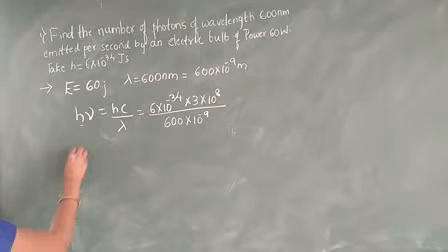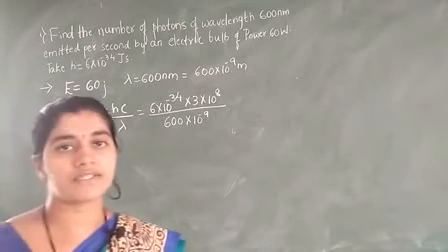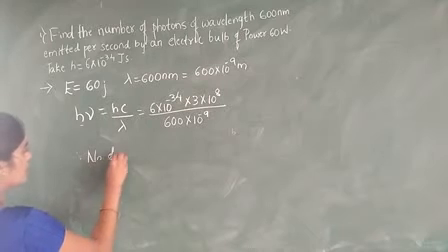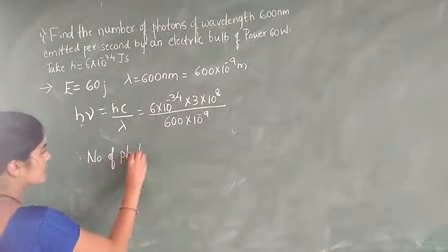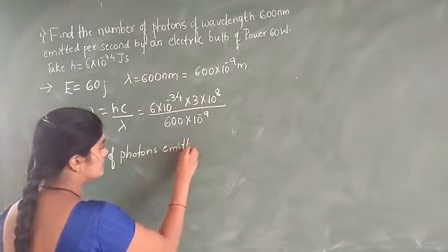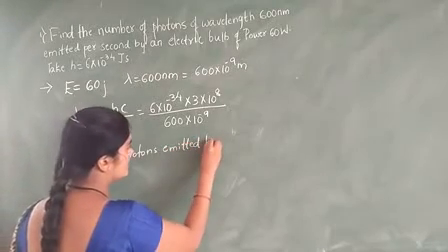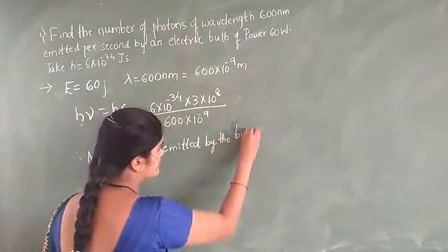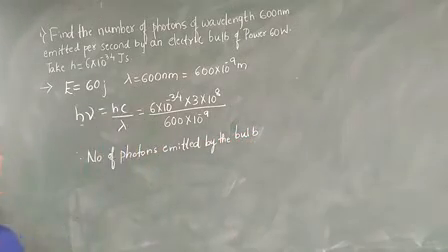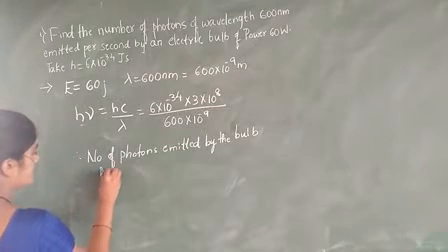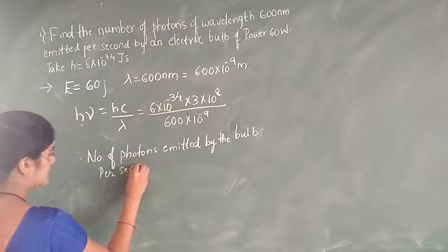Now next we have to find the number of photons emitted by the bulb per second.